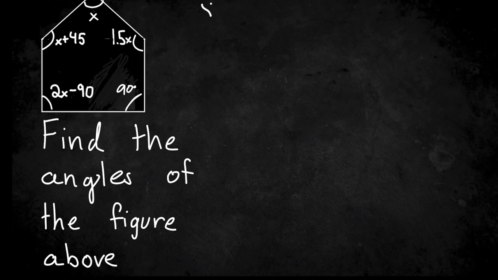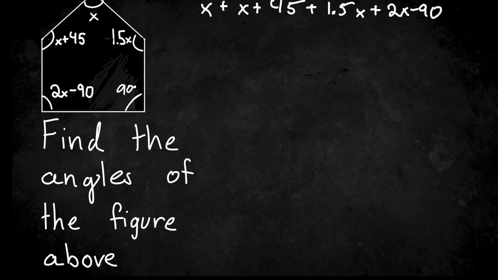That would be x plus 45 plus 1.5x plus 2x minus 90 plus 90 equals 540. I ran out of space, so let's write it down here. Now let's rearrange it.